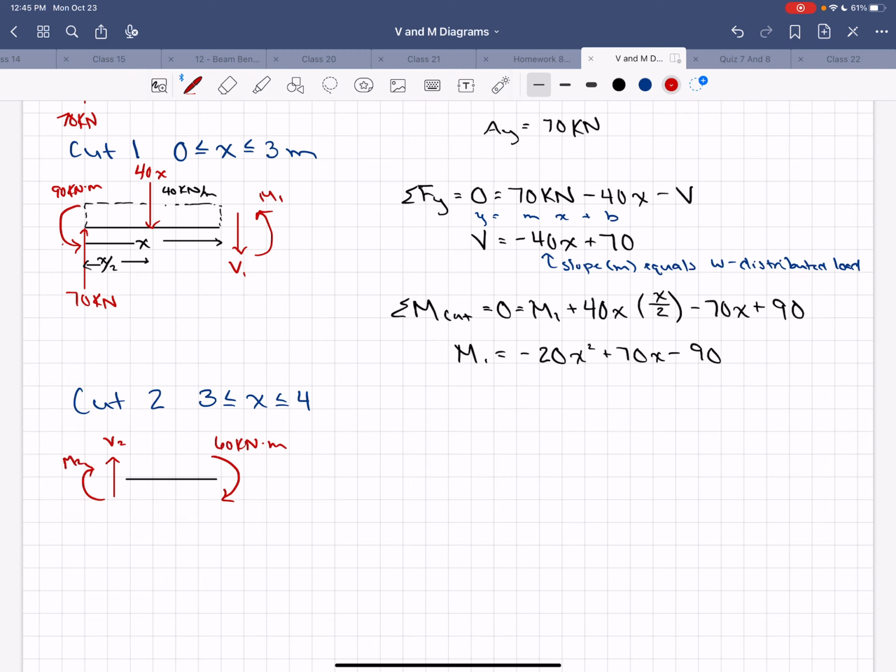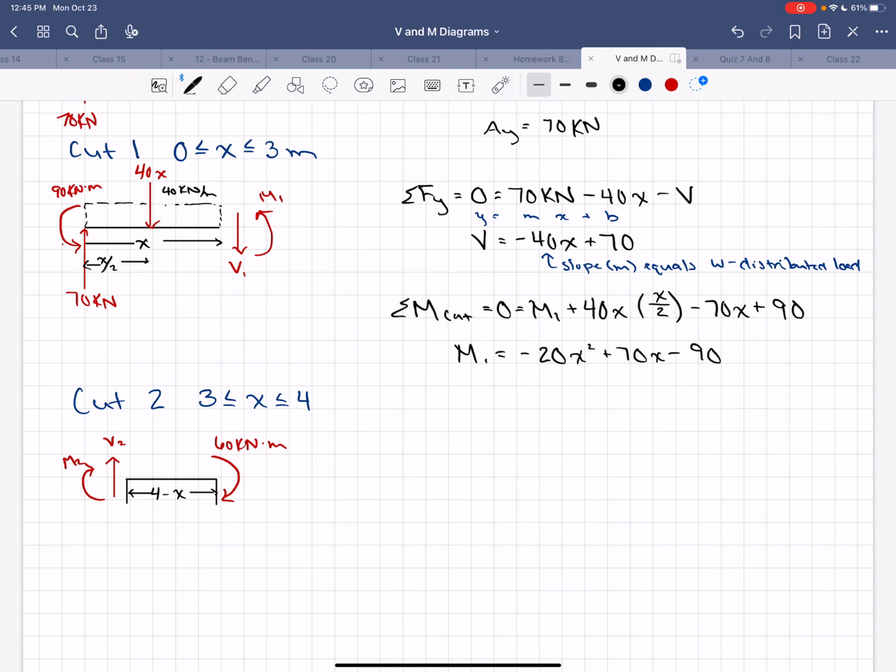And the hardest part about cutting it and looking at the right side is knowing the distance. So this distance is the total distance of the beam, 4 minus x.